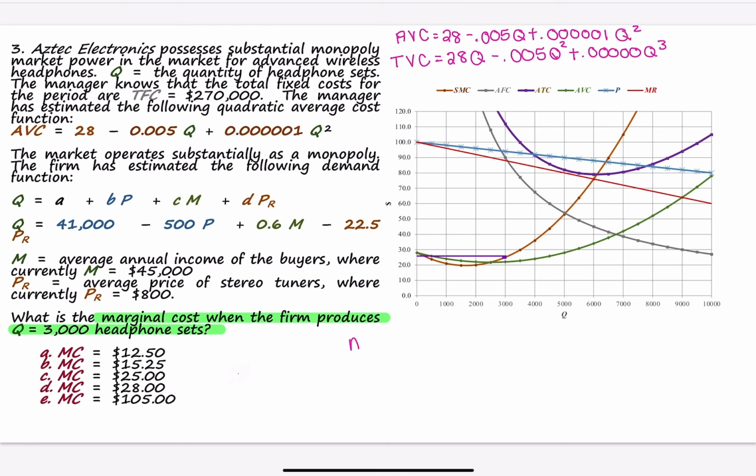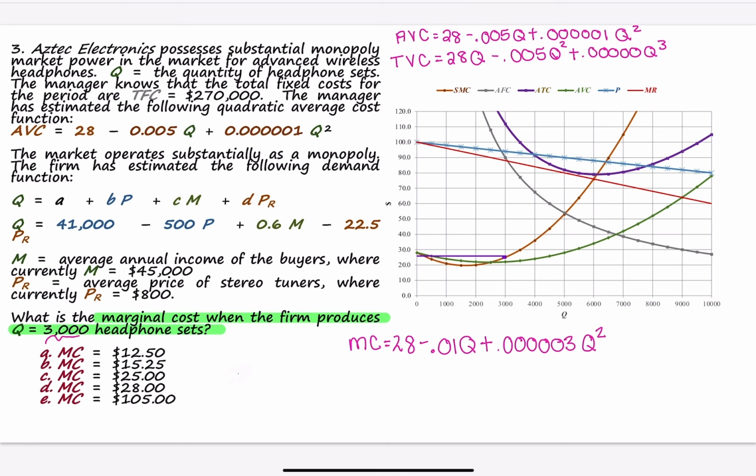So using that, we can find our marginal cost formula, which we're either taking the derivative of this with respect to Q, or plugging it into the formula that we had in the previous chapters. Doesn't really matter. We have 28 minus 0.01 Q plus 0.000003 Q squared.